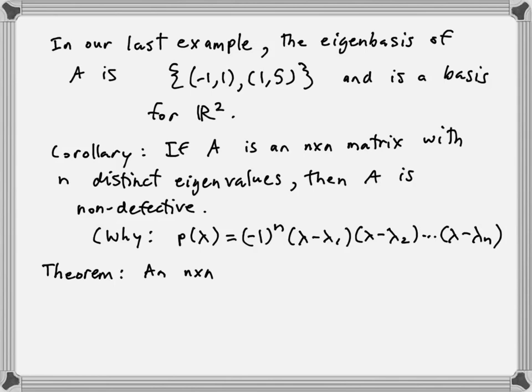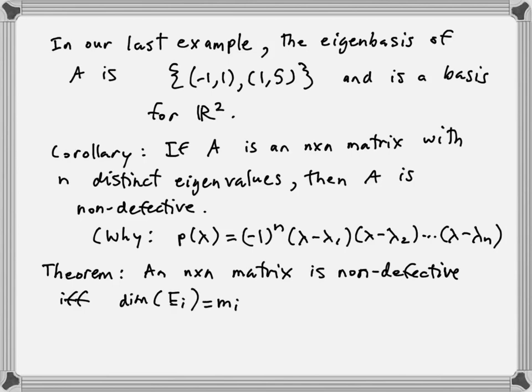An n by n matrix is non-defective if and only if the dimension of Ei is equal to mi for all i.